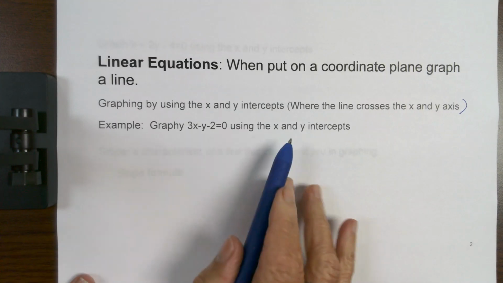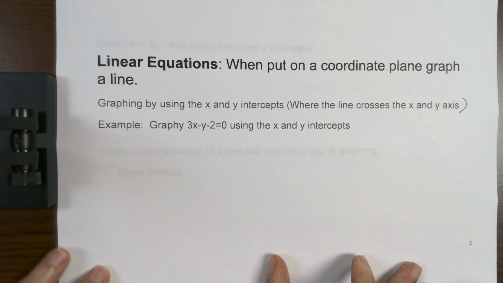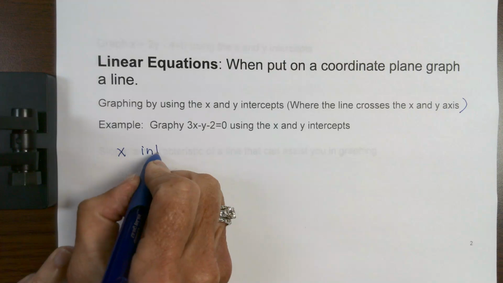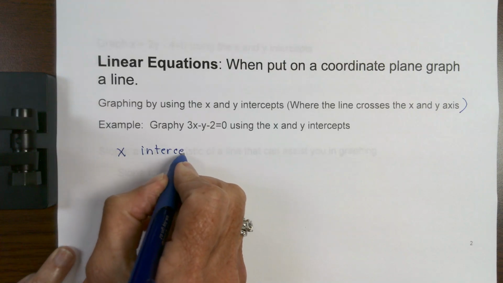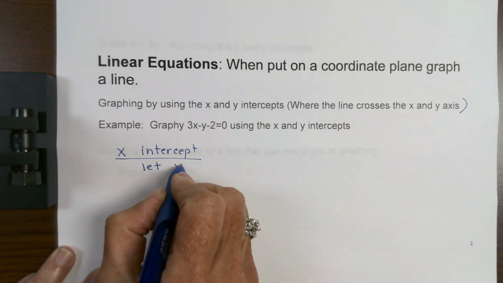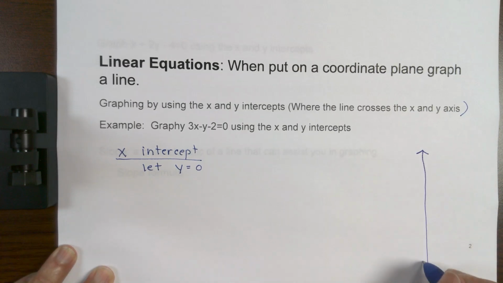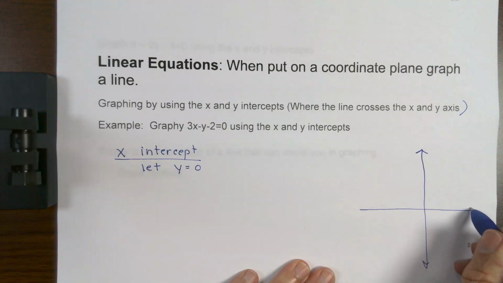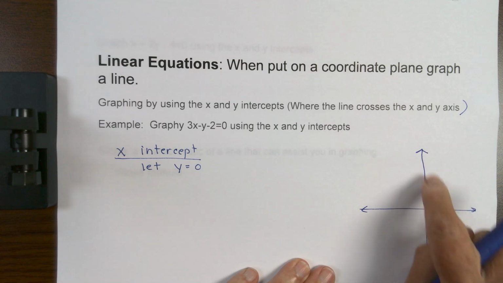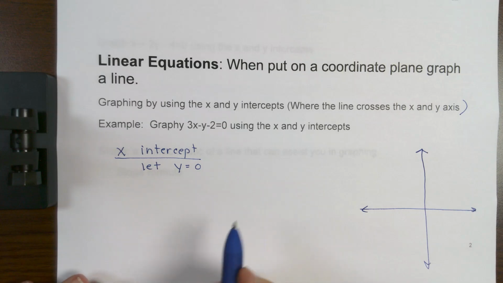So, for example, let's say I have this equation and I want to graph using the x and the y intercept. To find the x-intercept, I'm going to let y equal 0, because if I literally graph this, any point on the x-axis would have a y value of 0, so that's why you let y equal 0.